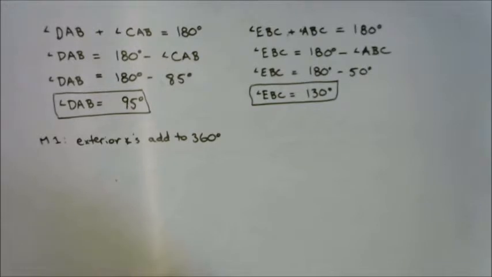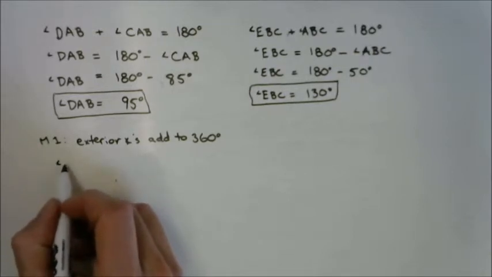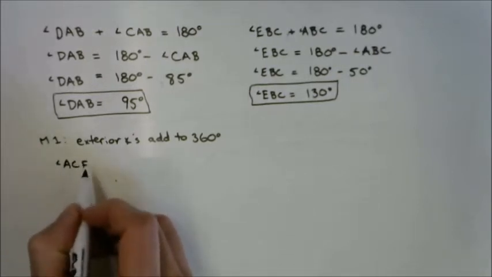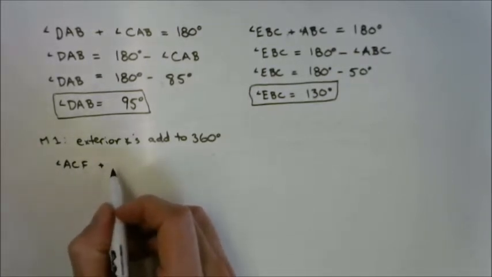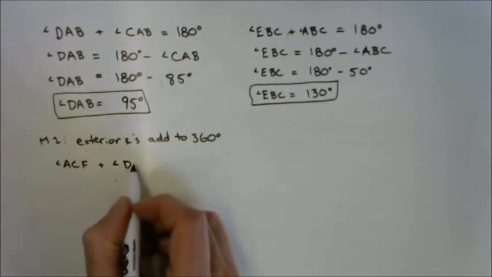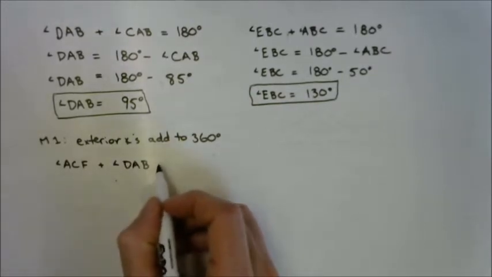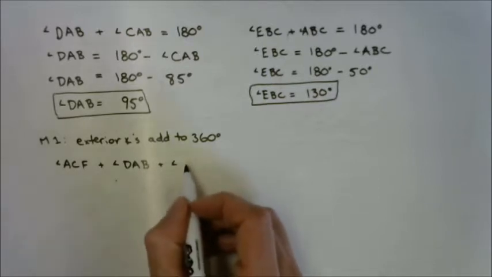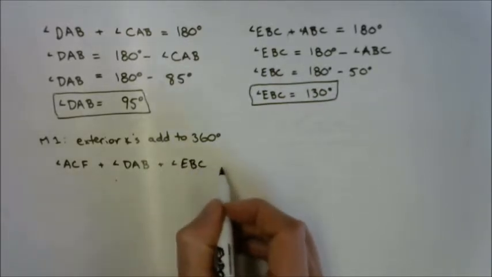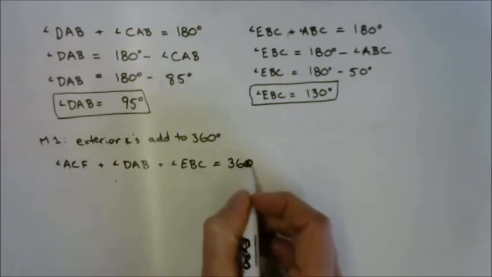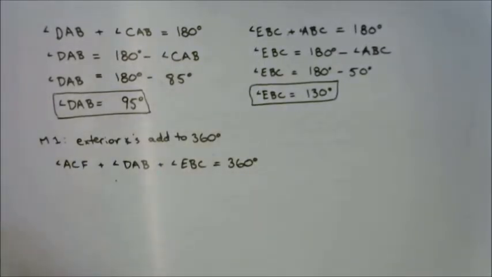What we're saying is that this missing angle, I'm going to call it ACF, plus the other two exterior angles, which are DAB and EBC, need to equal 360 degrees.